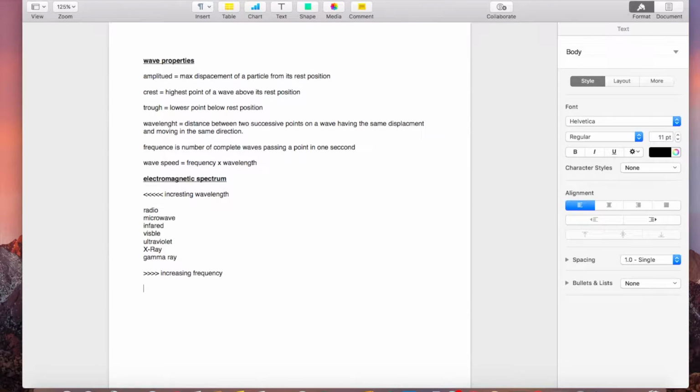So the longer the wavelength, the lower the frequency. The shorter the wavelength, the higher the frequency.